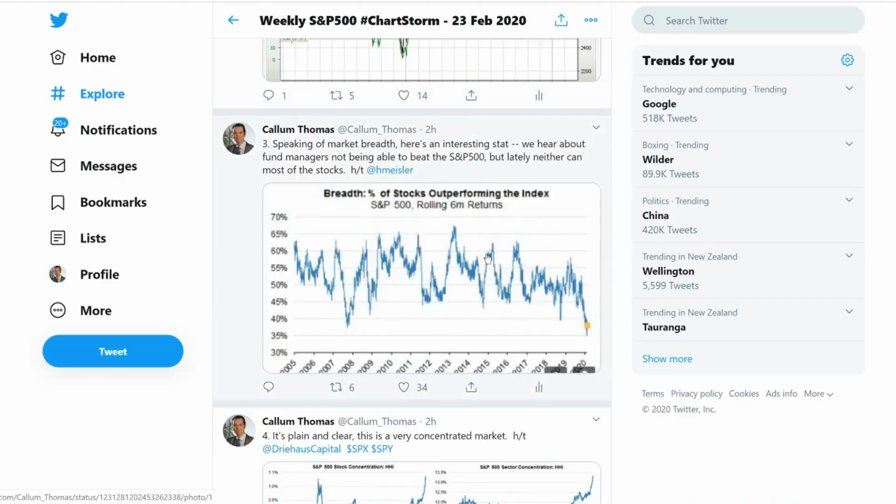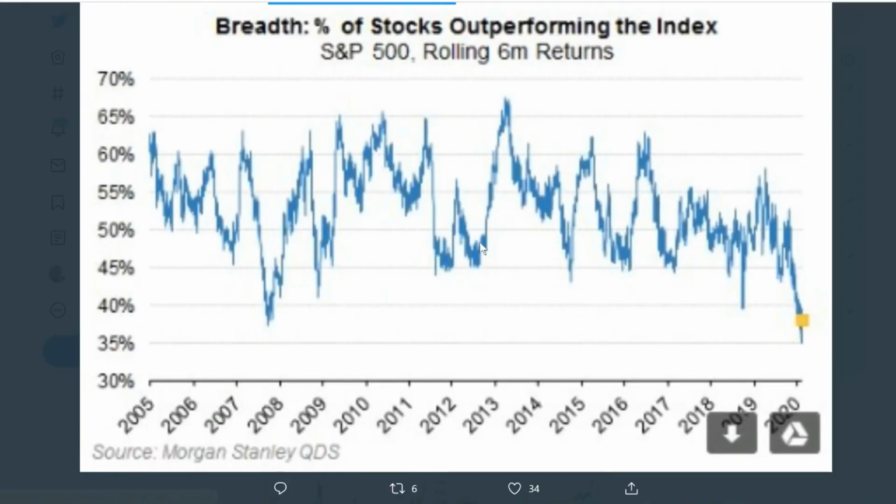Next, number 3. Speaking of market breadth, here is an interesting stat. We often hear about fund managers not being able to beat the S&P 500, but lately neither can most of the stocks. We'll blow it up here, which doesn't really help because it's a bit blurry. Anyway, what is this?